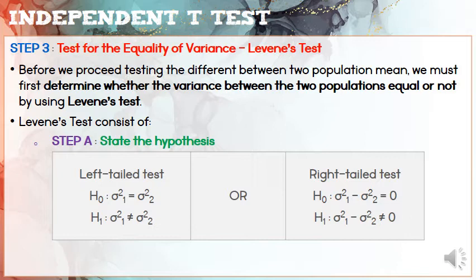So in Levene test, kita nak test whether the variance for the two populations are equal or not. So you can write down either sigma squared 1 equal to sigma squared 2, or you can write down sigma squared 1 minus sigma squared 2 equal to 0. Means that there is no difference between the two population variance.